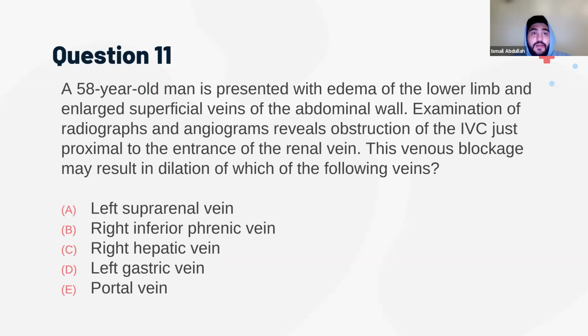A 58-year-old man presents with edema of the lower limb and enlarged superficial veins of the abdominal wall. Examination of radiographs and angiograms reveals obstruction of the inferior vena cava just proximal to the entrance of the renal vein.